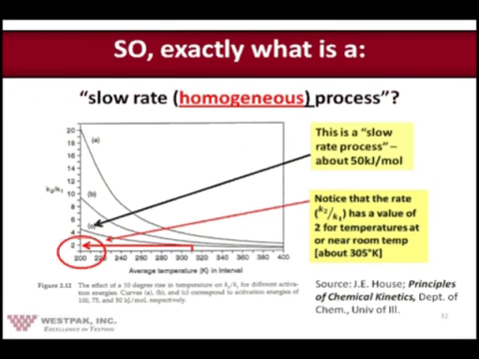So what exactly is this slow rate or homogeneous process? We found a very interesting source, and I think it's actually referenced in the ASTM F1980 document. Basically it gives three separate curves for different reaction rates.